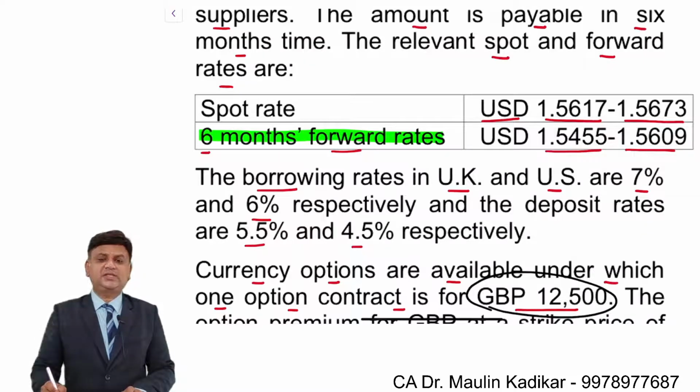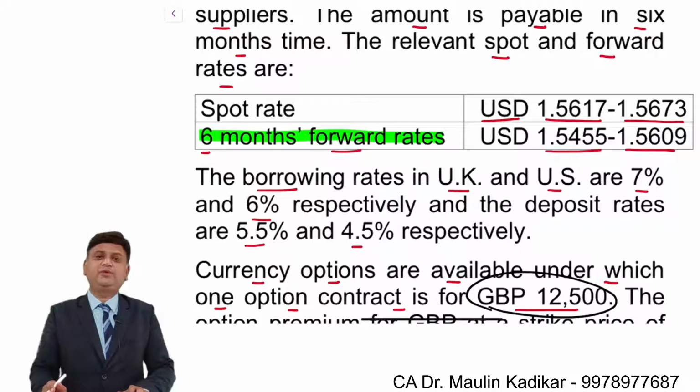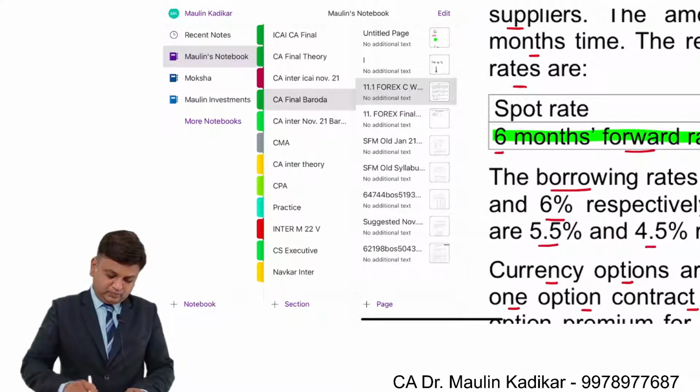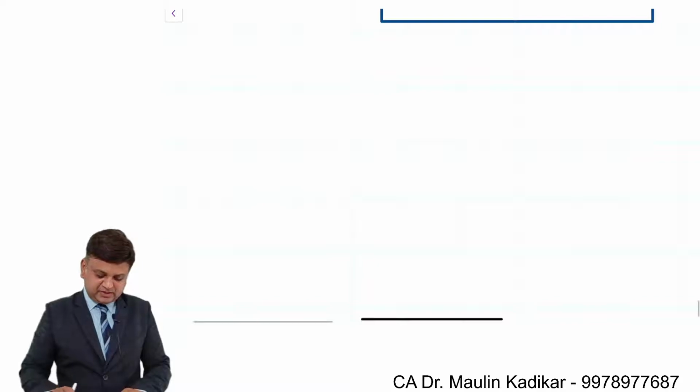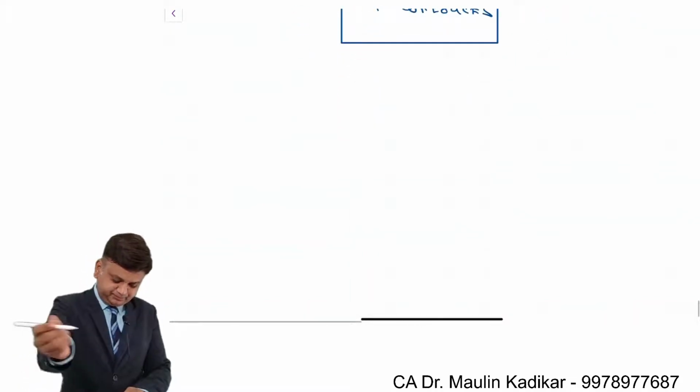The institute suggested answer says that for the remaining amount, it is not a significant amount, so you can just enter into the simple forward contract for covering up the shortfall of the payment. So over here we will work out the answer in this way. Please write down the answer along with me.